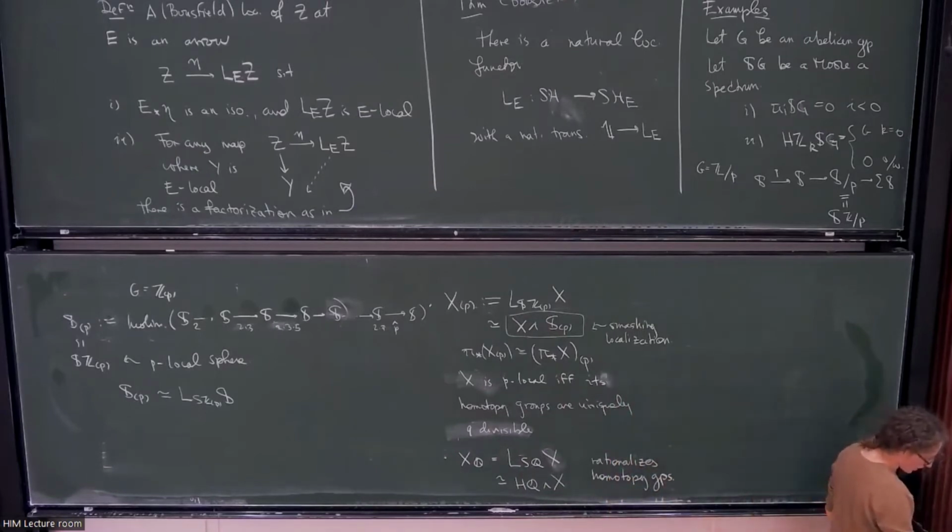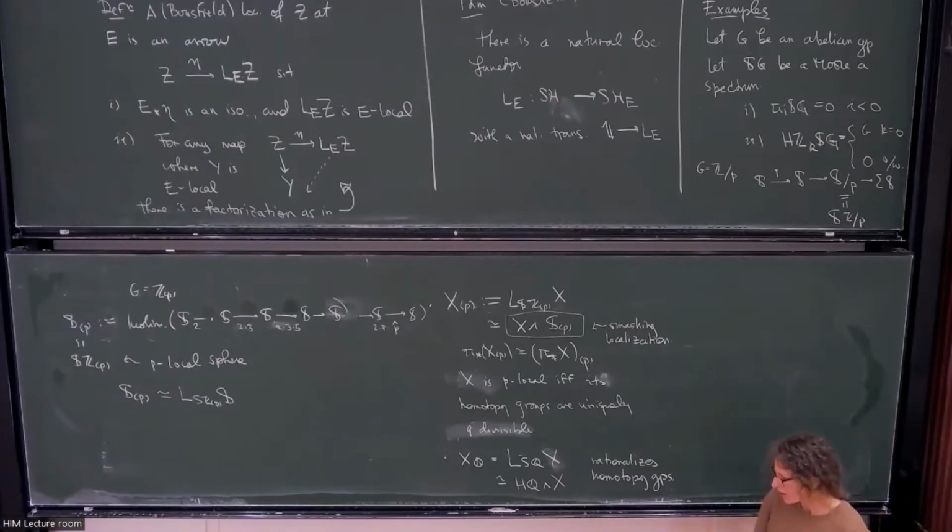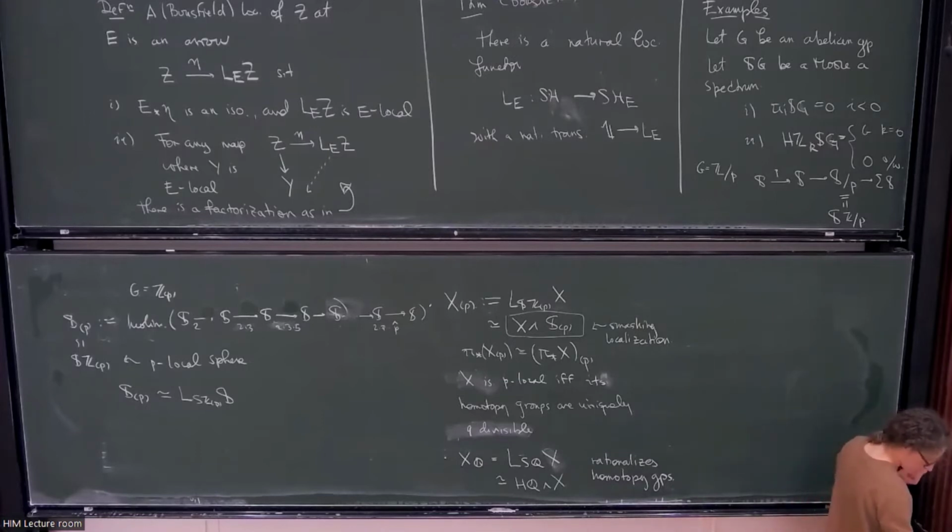Okay, so this is really just localization. The next example, I'm just going to state the facts of, is that localization also sort of behaves like completion sometimes. So it behaves a little bit like localization or like completion, depending on what theory you're localizing at.